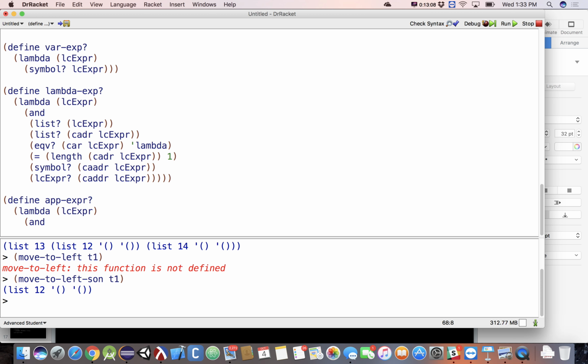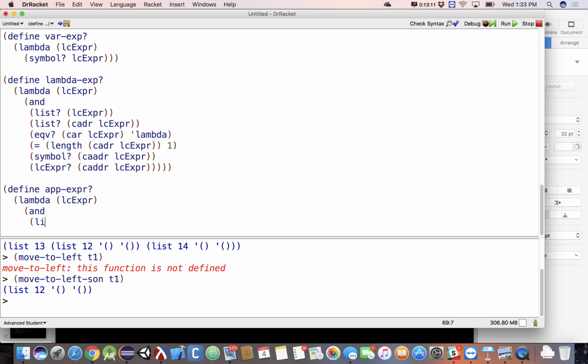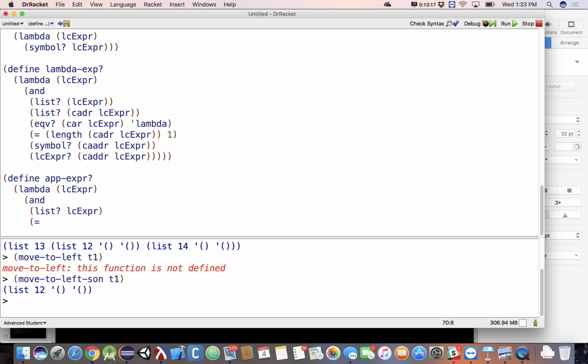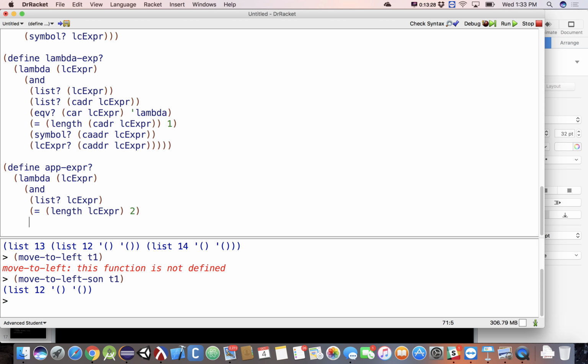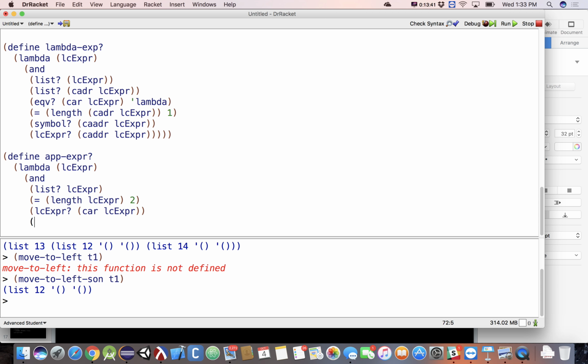So and list Elsi expression and equal length Elsi expression 2 and Elsi expression car Elsi expression and Elsi expression CADR Elsi expression.